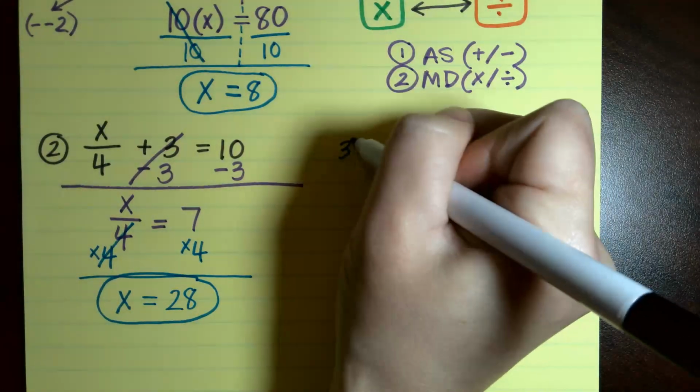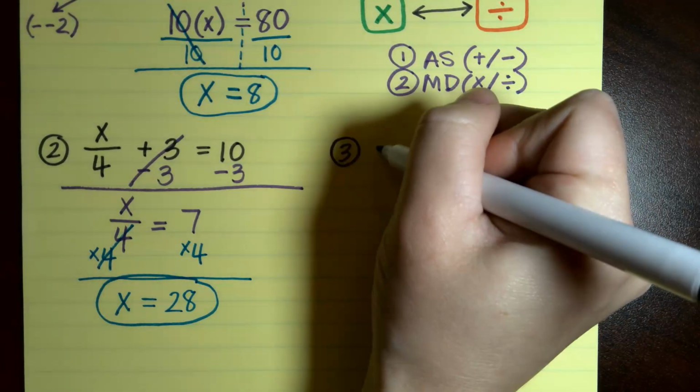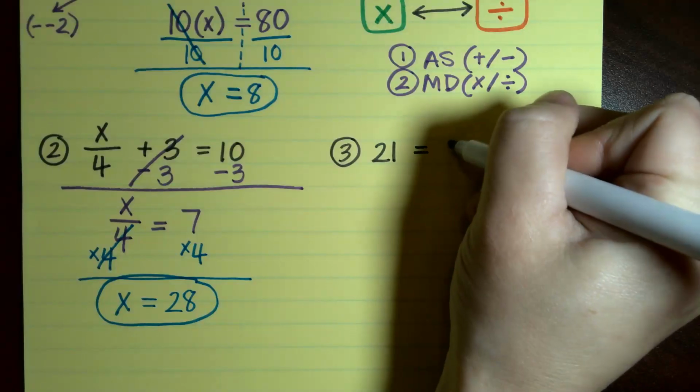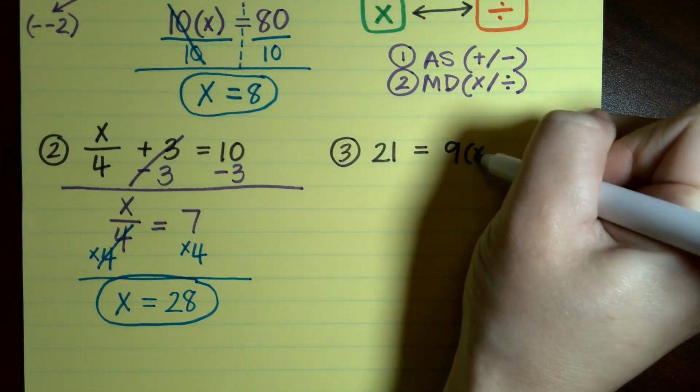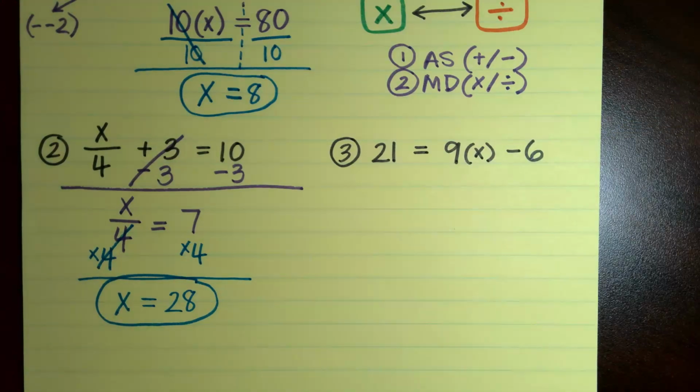Okay, so for number 3, I have 21 is equal to 9 times x minus 6. What part of this equation do I need to work with first?